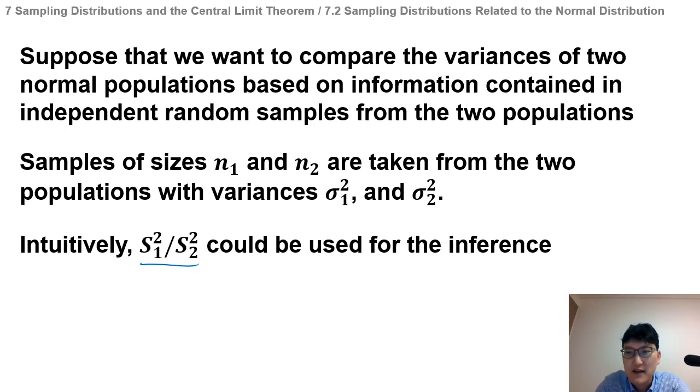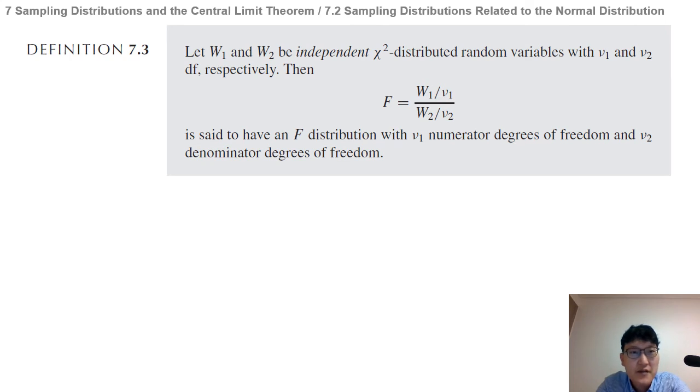Let's check. Okay, so here comes the definition 7.3. Let W1 and W2 be independent chi-square distributed random variables with nu1 and nu2 degrees of freedom respectively. Then F defined this way is said to have an F distribution with nu1 numerator degrees of freedom and nu2 denominator degrees of freedom.